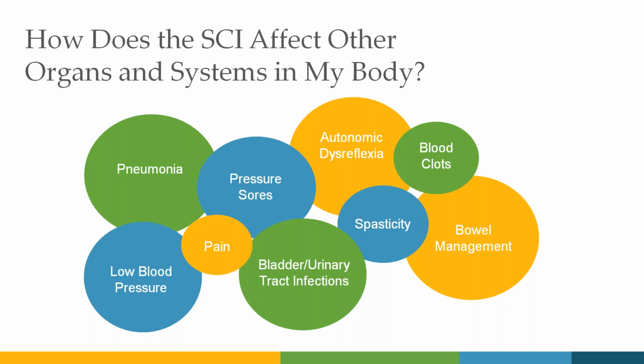But if we look at this slide, these are all of these secondary conditions that come along with a spinal cord injury that we don't always think about and that aren't easy for us to see, right? Pneumonia, low blood pressure, pain, pressure sores, bladder and urinary tract infections, autonomic dysreflexia, spasticity, blood clots, bowel management. I'm going to give a high-level overview of each of these areas, but when it comes to quality of life, these are the items that are primarily affecting people with a spinal cord injury.